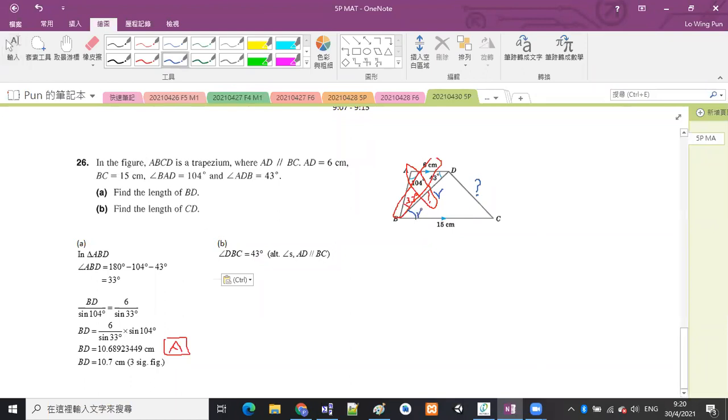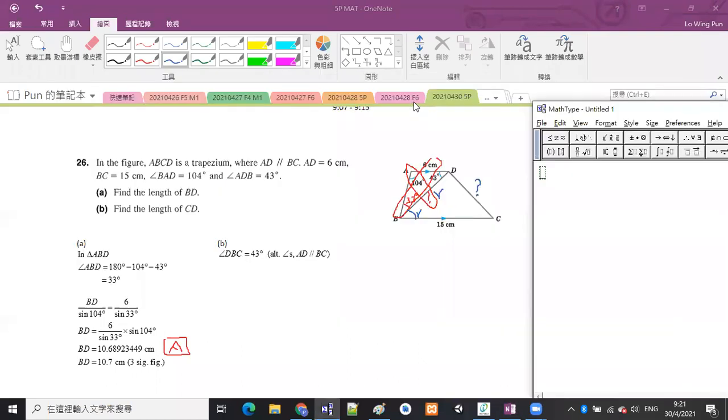OK, and then now we have found this angle DBC, and then we have one length, one angle, the second length. So we have 3 pieces of information, and then we are ready to find the CD, length of CD. And they do not form one pair of corresponding length and angle. So we need to use cosine formula. Okay. So in triangle BCD, I want to find length CD.